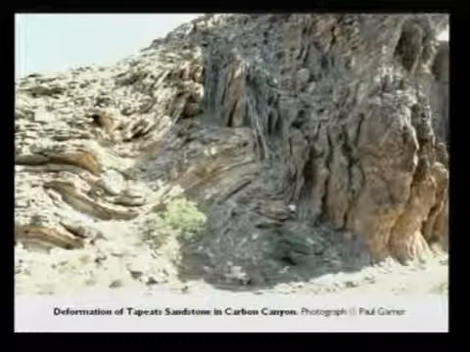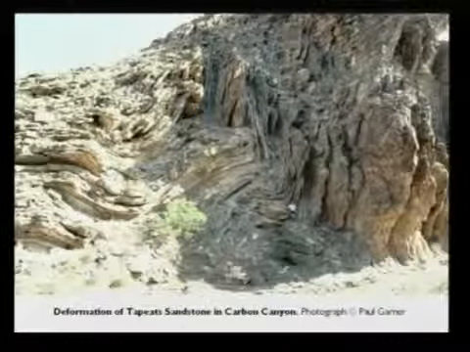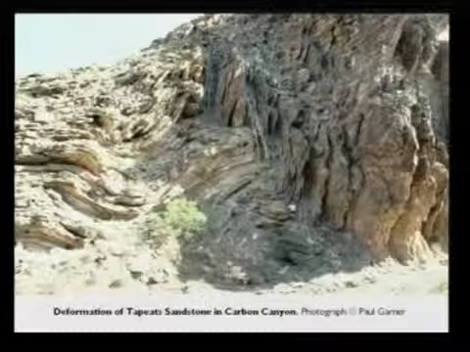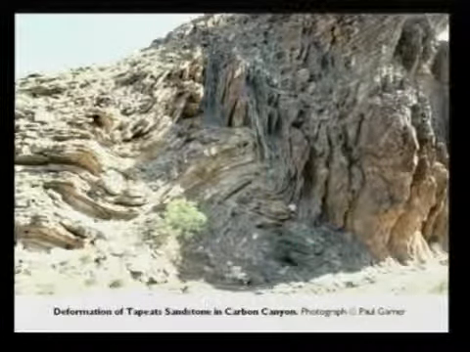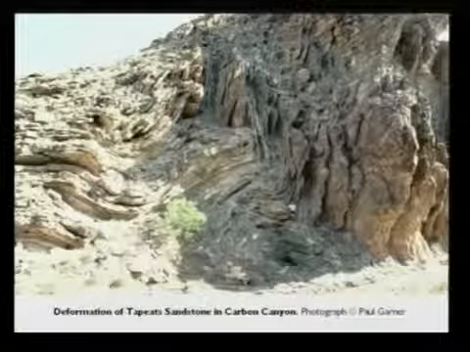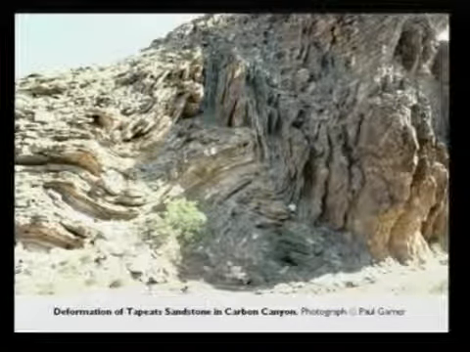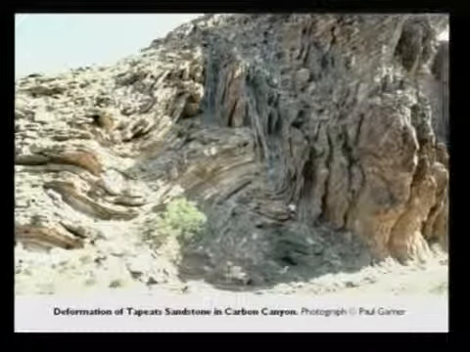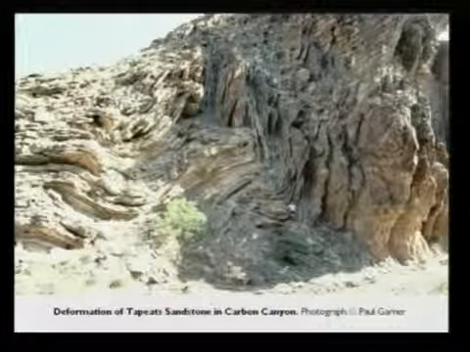And when you look under the microscope at the sand grains, they show no evidence that this material was cemented, because none of the grains have been broken or elongated. The mineral cements have not been broken and then recrystallized. So the evidence suggests pretty strongly that this sandstone was still soft and pliable when it was deformed.